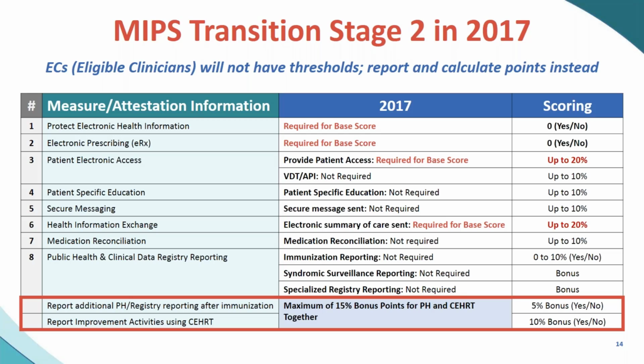But the last area, and I think this is really worth taking a minute on, is this last area highlighted in red, and that is these bonus points that you get for use of your EHR as part of your clinical practice improvement area.